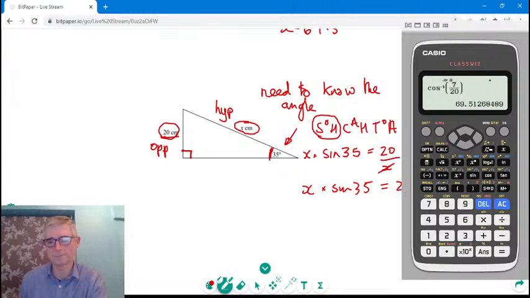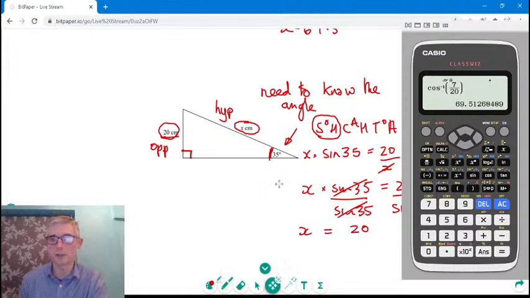equal to 20. We're nearly there with this rearrangement, but I can just divide through by sine 35 on both sides. Remembering with equations, I've got to do the same thing to both sides. So that's going to disappear, and I'm going to end up with x equals 20.